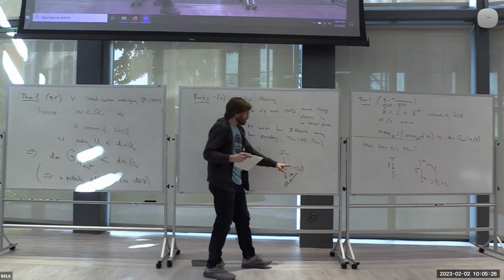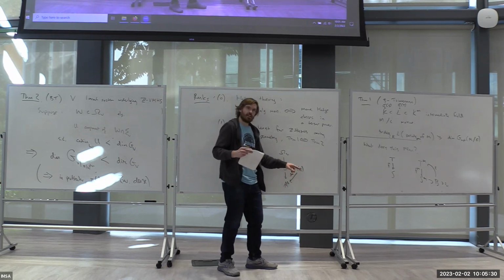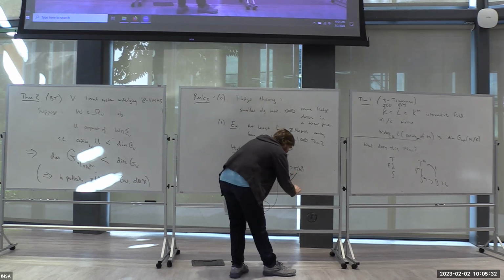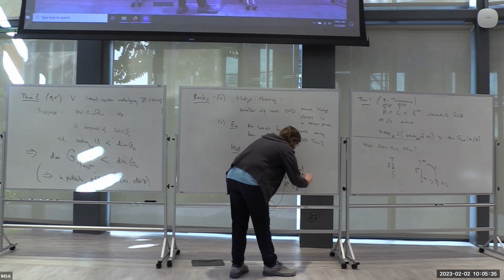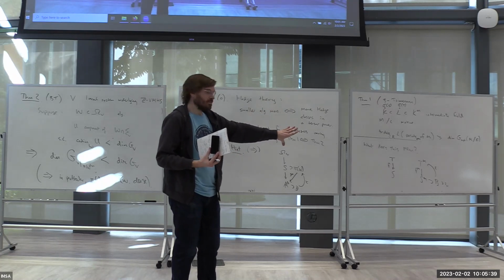So generically finite means generically étale, and therefore over some ball in here I have a section. There's some ball here over which I have a section. Okay, so now I'm exactly in that situation.